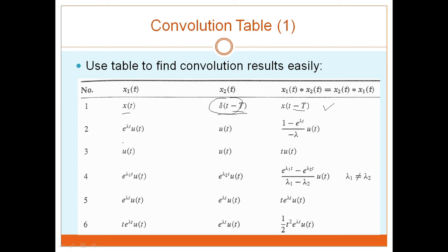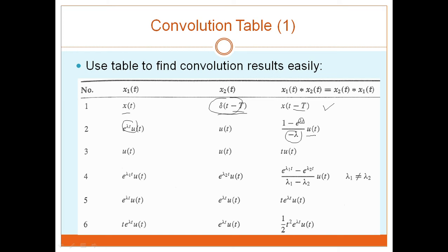And then if we want to convolve e^(lambda t) u(t) with a second signal u(t), you just have to identify the value of t. You put it here as a constant, and then you substitute with this equation: (1 minus e^(lambda t)) divided by minus lambda, multiplied by u(t).